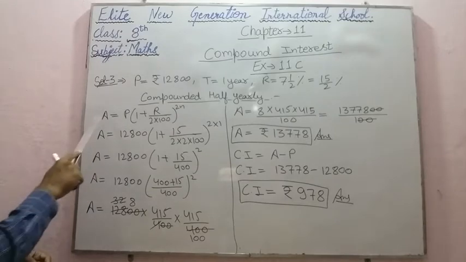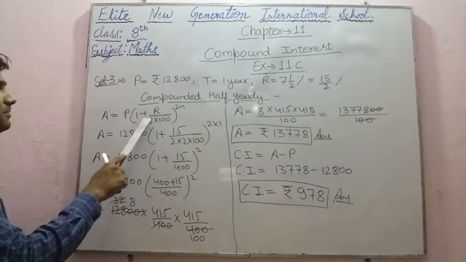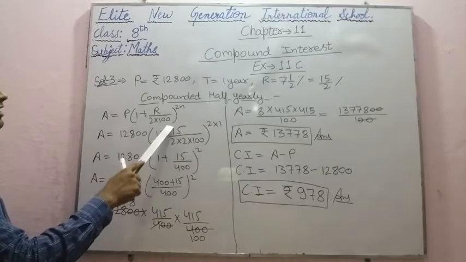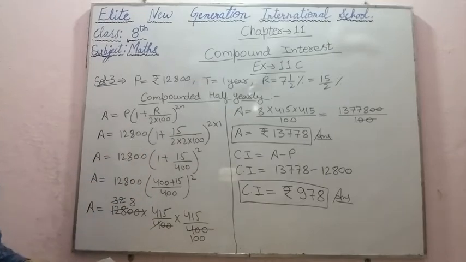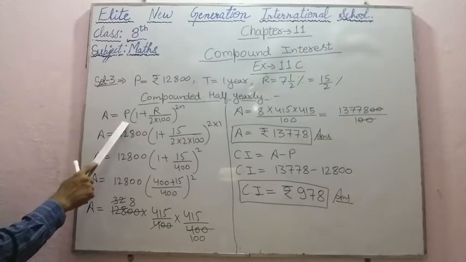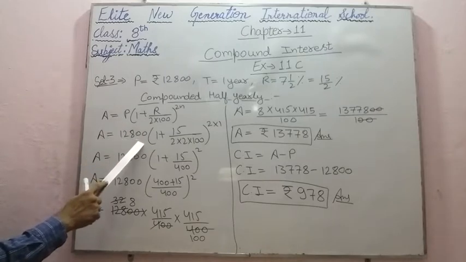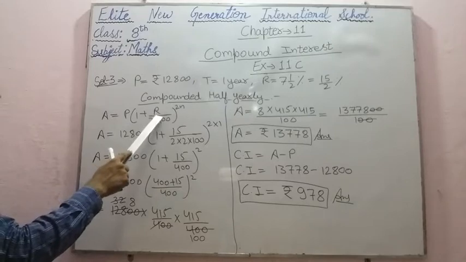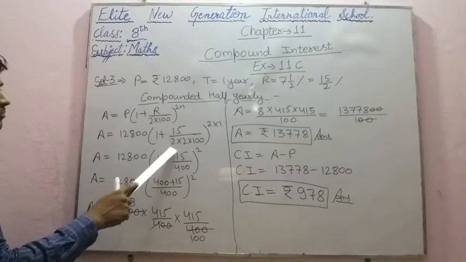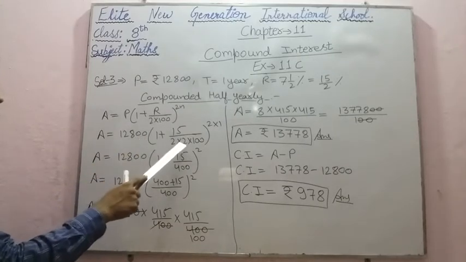Now amount will be equal to P into (1 plus r upon 2 into 100) to the power 2n. This is the formula for compounded half yearly. So amount equals, in place of principal we write 12,800, and 1 plus, here the value of r will be 15 upon 2, divided by 2 into 100.